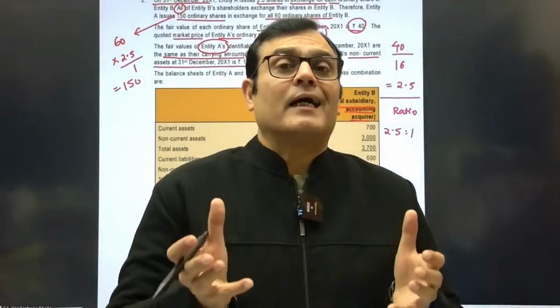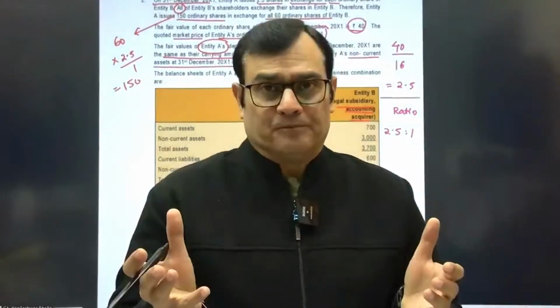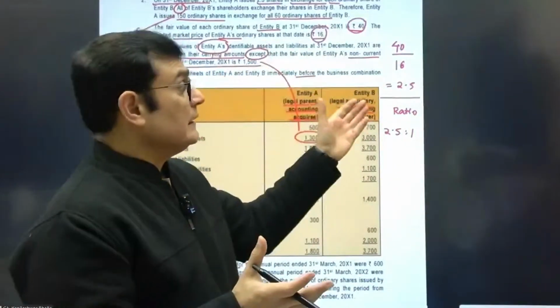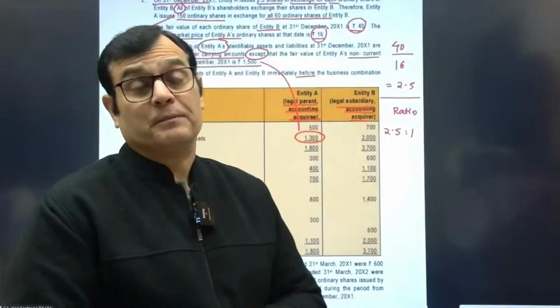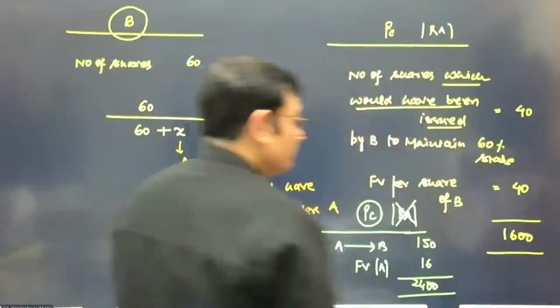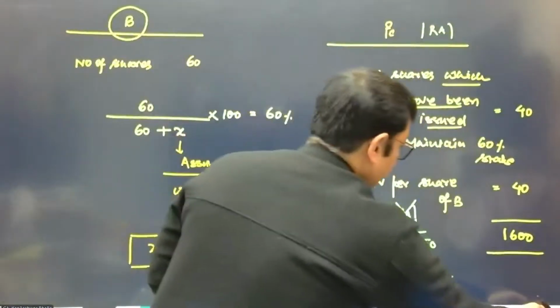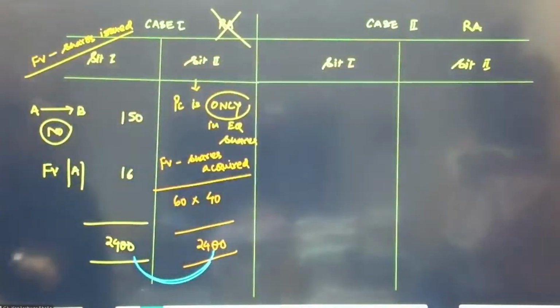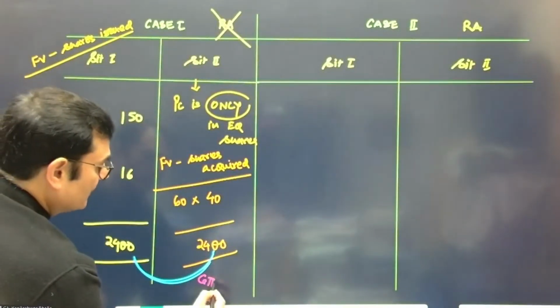Because B will say, I am more powerful as compared to you. Your share is only 16, my share is 2.5 times. So you need to pay me enough consideration so that I stand at the same level. And therefore, we can undoubtedly say that in this particular case, this 2400 and this 2400 is got to be.